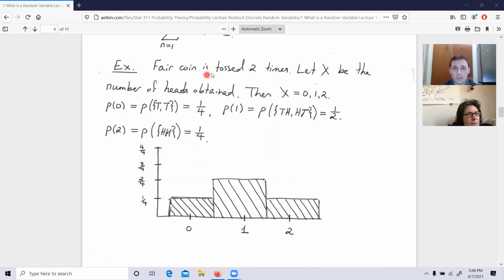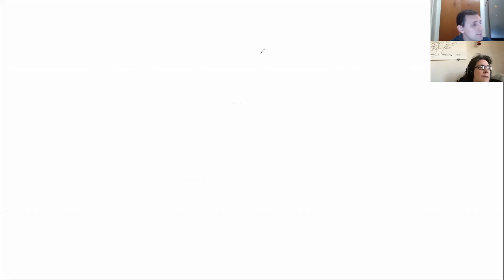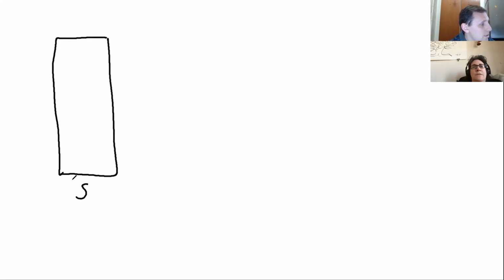Yes, you see what the random variable was truly doing? Just to illustrate, while it's still simple, my sample space S had these possibilities: tail, head, tail, and head, right?